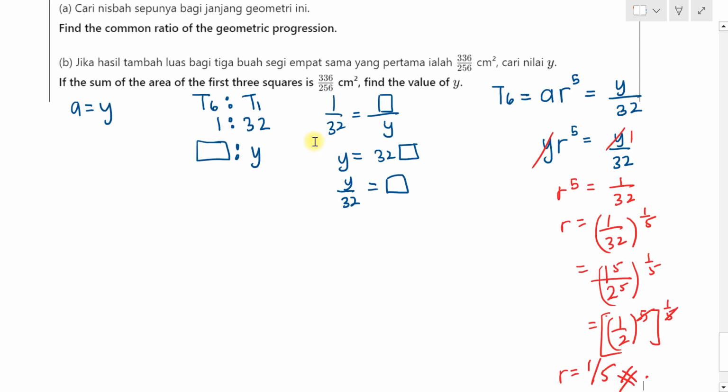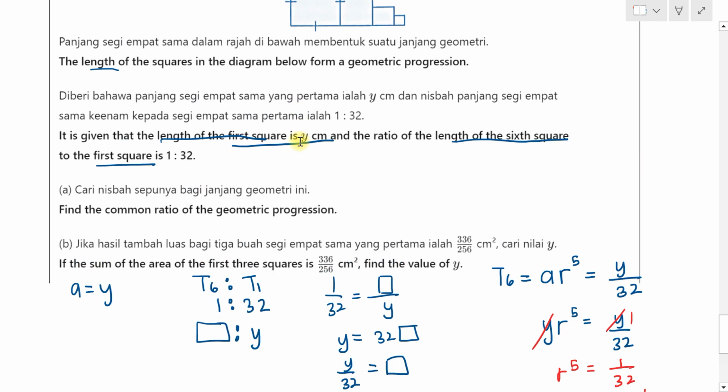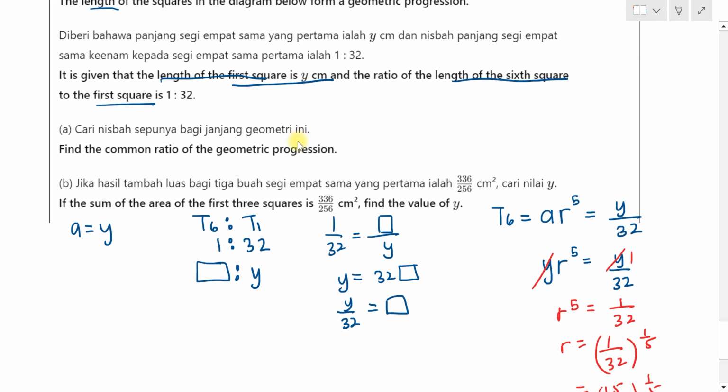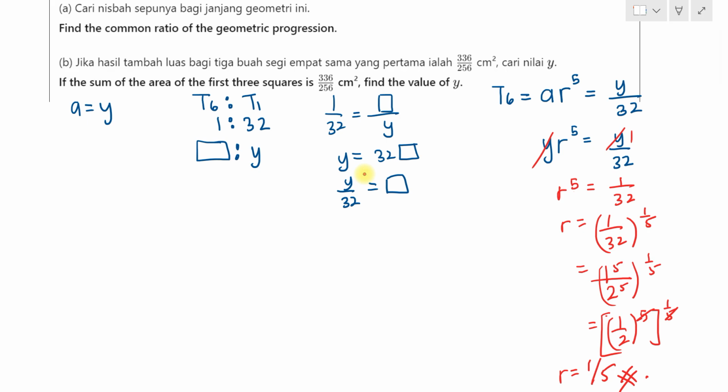So they give you the sum of the area. The area is not safe, because just now we put the length as the progression pattern, and now suddenly they put area. Something to think about. Never mind, we create the progression of length first.